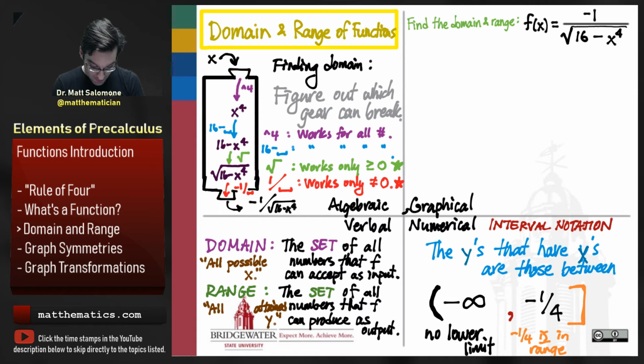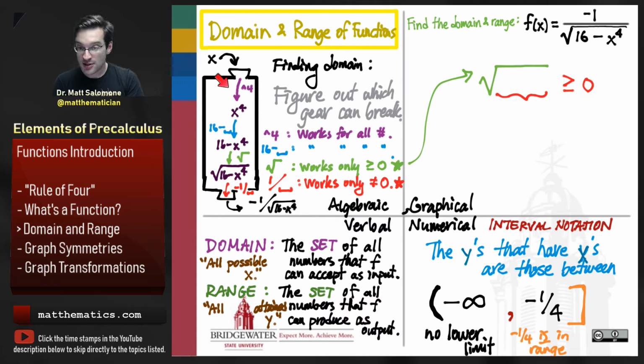To figure this out algebraically, we'll ask what is it that I'm taking the square root of at that stage? Whatever I'm taking the square root of, I need that thing to be greater than or equal to 0. And at that stage in my evaluation of the function, what's underneath my square root is 16 minus x to the fourth.